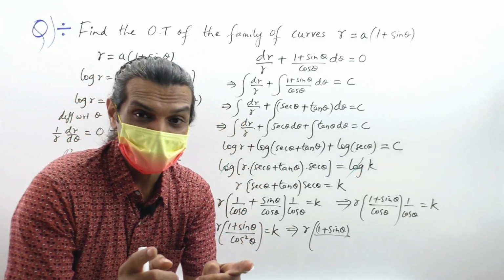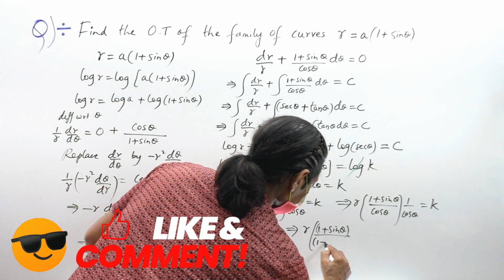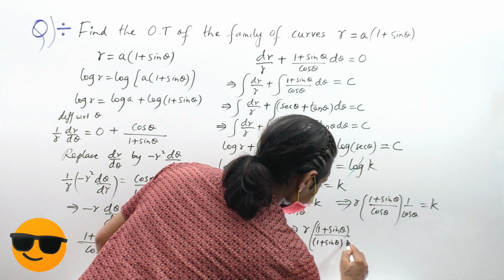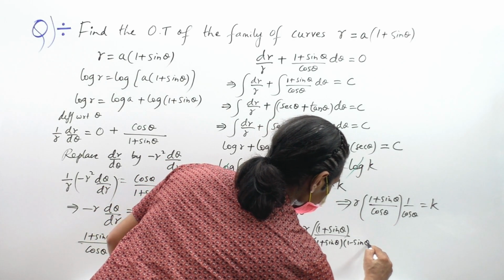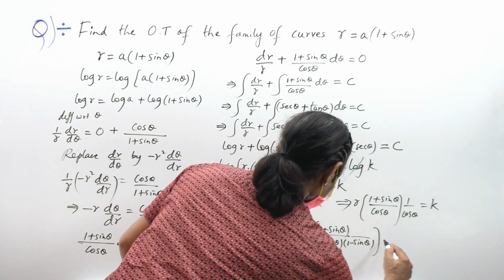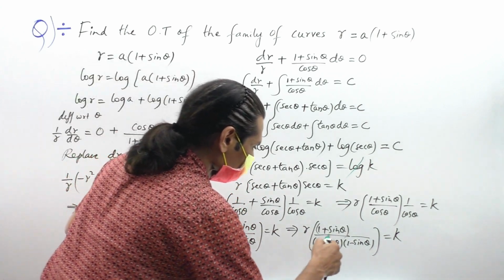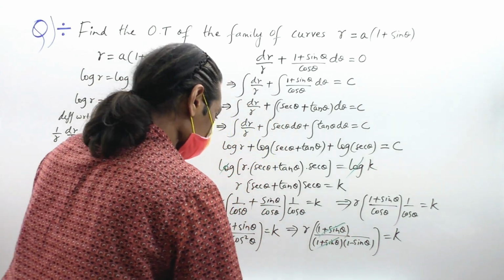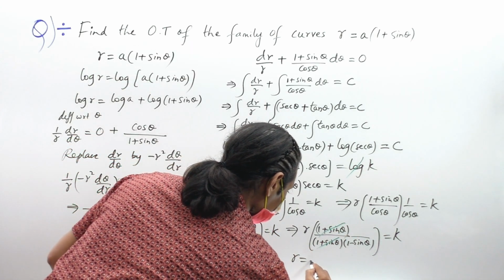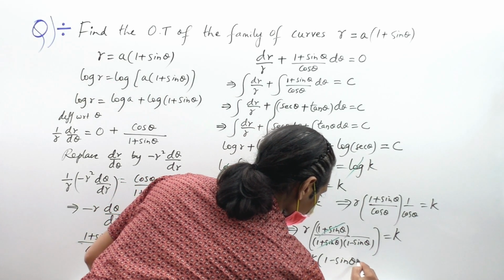And 1 minus sin square theta is 1 plus sin theta into 1 minus sin theta, since a square minus b square is a plus b into a minus b. So we have 1 plus sin theta into 1 minus sin theta, is equal to K. Beautiful. Here 1 plus sin theta cancels. So finally we have r is equal to K into 1 minus sin theta.